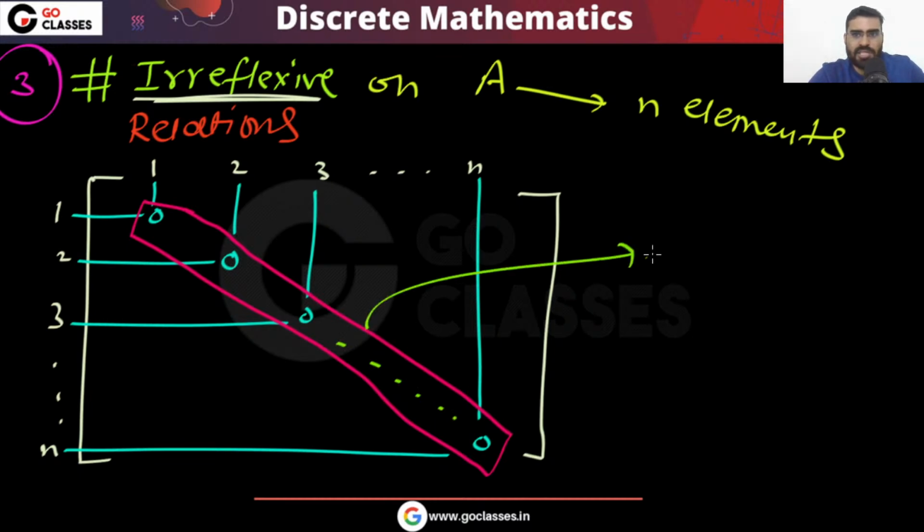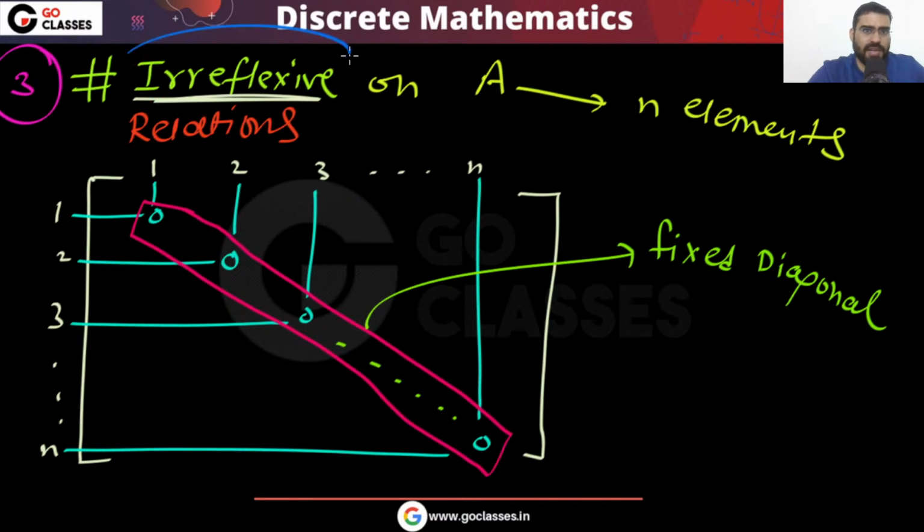This diagonal must be all zeros, because irreflexive means there is no element which is related to itself.